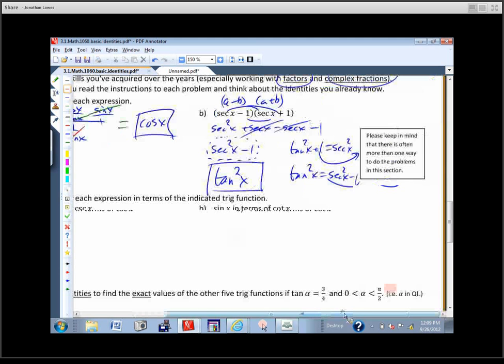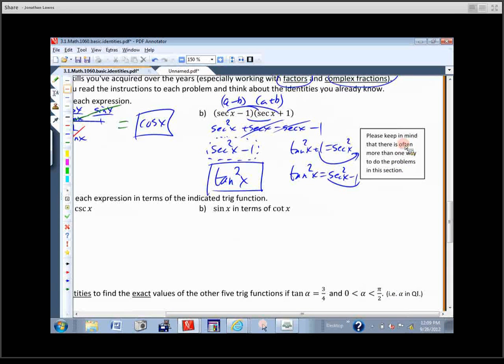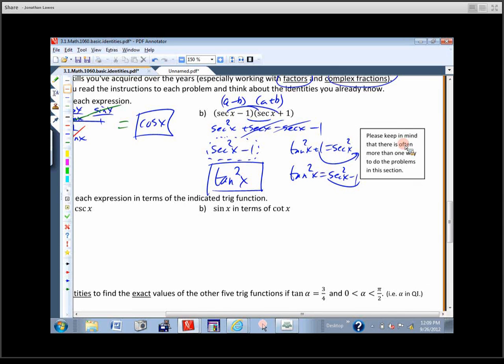Now, I do want to draw your attention to this right here. Please keep in mind, and this is one thing that frustrates students about trigonometry, in particular the identities that we work with: if it says simplify, or if it says verify an identity, there may be a dozen different ways to do it. So you're going to do it one way. You're going to look at your neighbor and say, my gosh, I don't have any idea what you did.